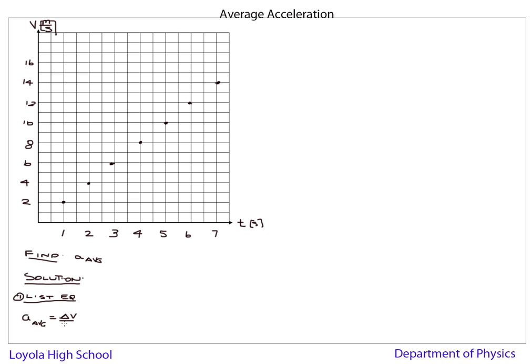This triangle, you'll see a lot in science, means the change in. Whenever you see the delta symbol, that means change in. The Greek symbol delta, which is the triangle, means the change in.